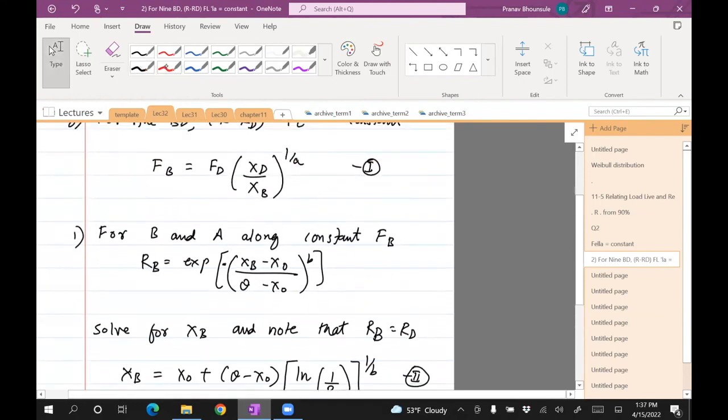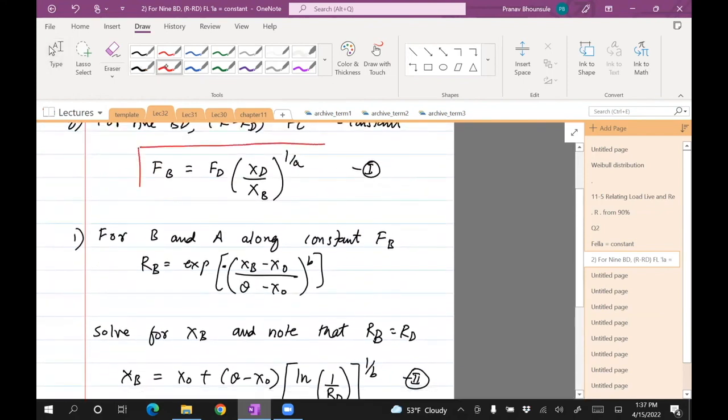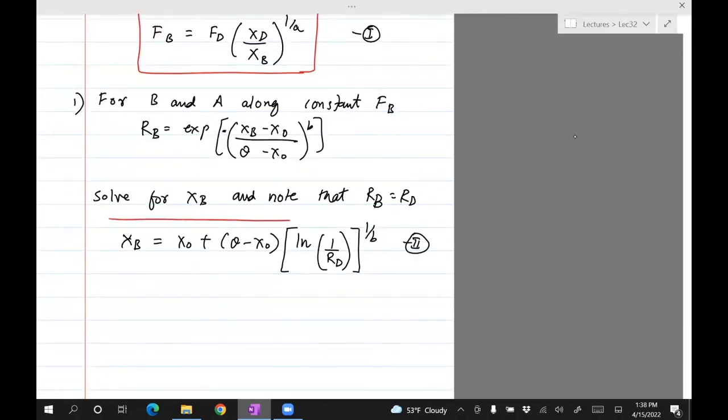We circle the two important equations. This is one of them, and this is the second one.